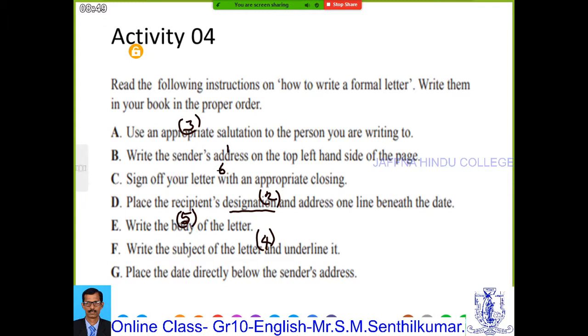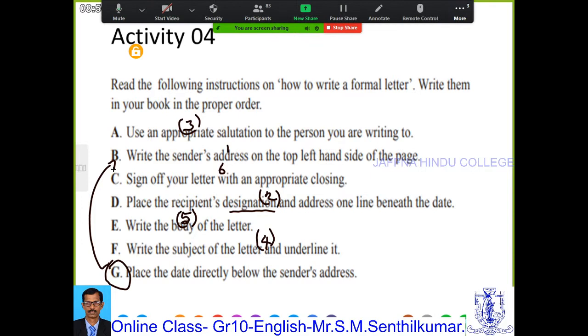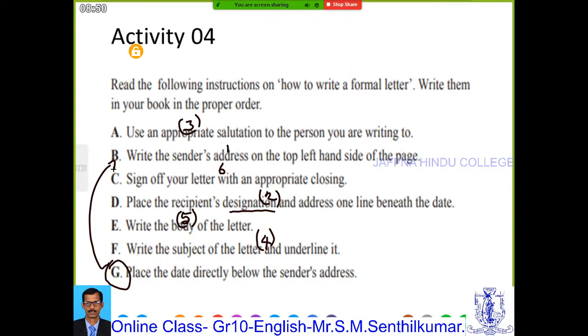This is the one where you place the date directly below the sender's address. If you miss it, what are you going to do? Here, the sender's address, and this one is joined with this one. I missed it here. This one is joined with the sender's address on the top of the page.